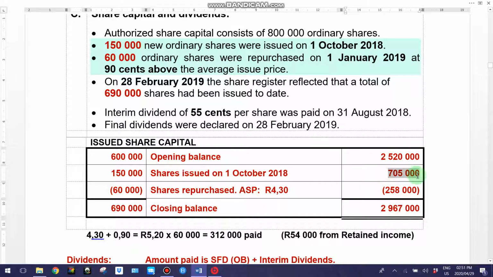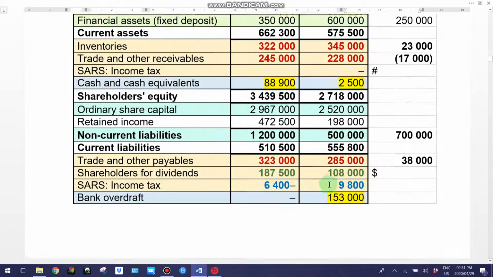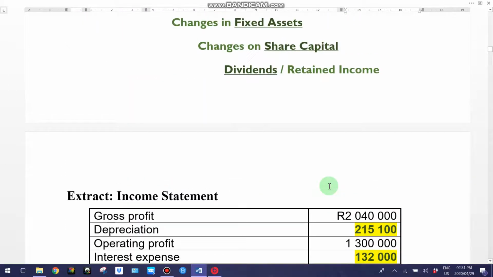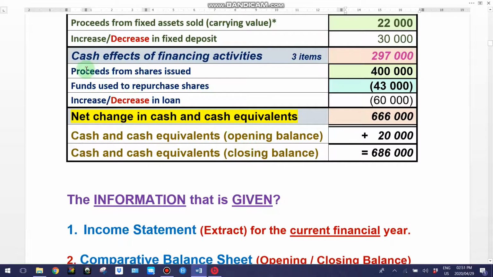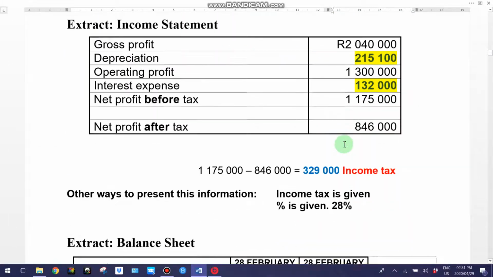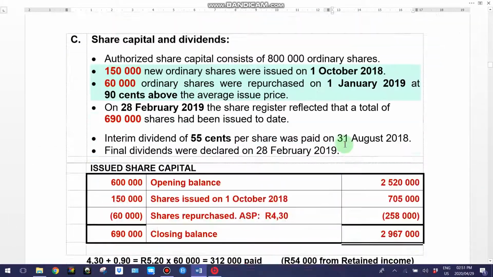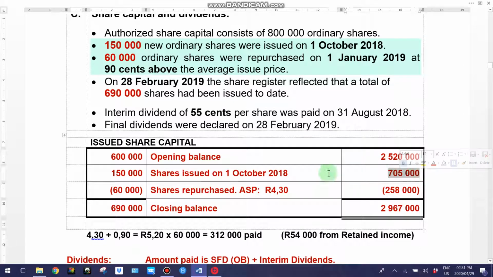Remember, this would be my proceeds from shares issued. That's the amount, that's 705. Can you see it took me a long process to get that answer? This 705 is the proceeds from new shares issued.